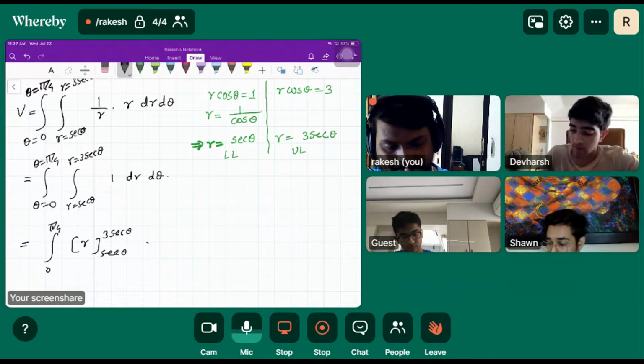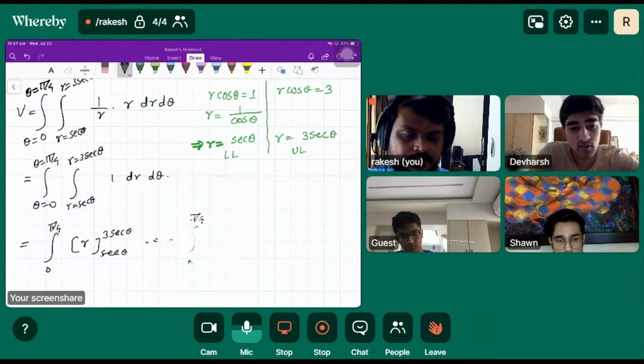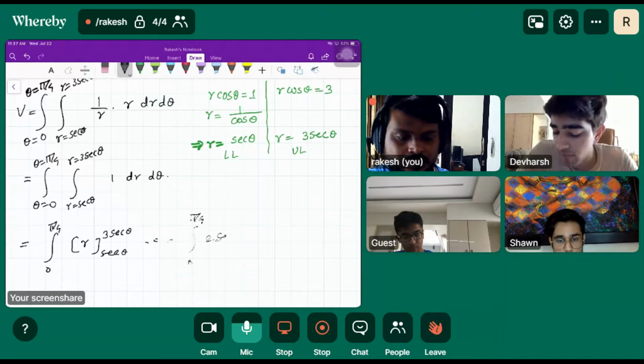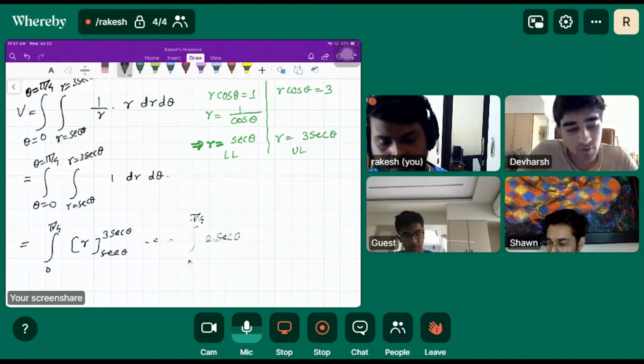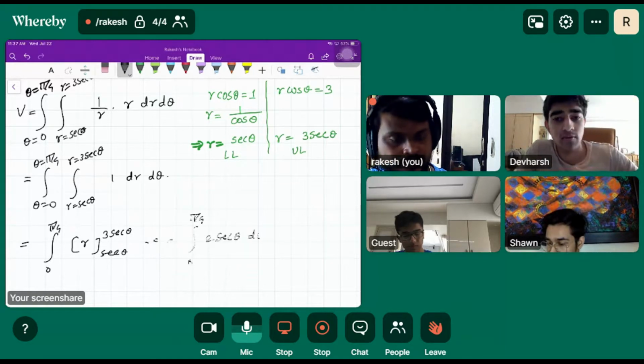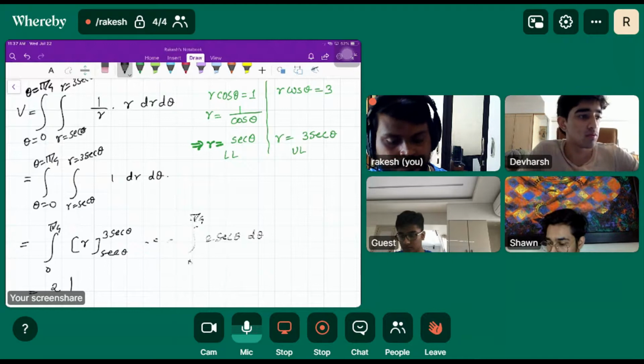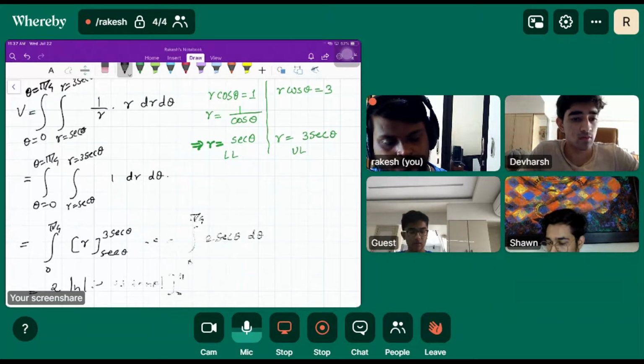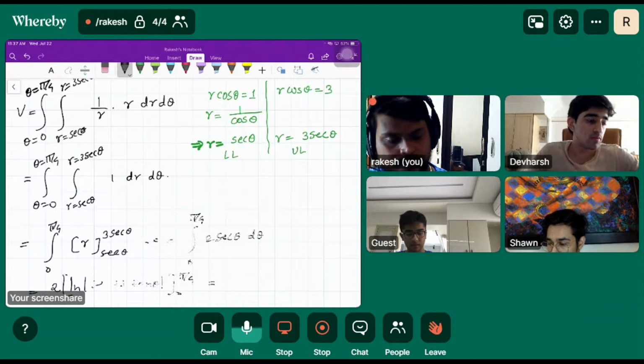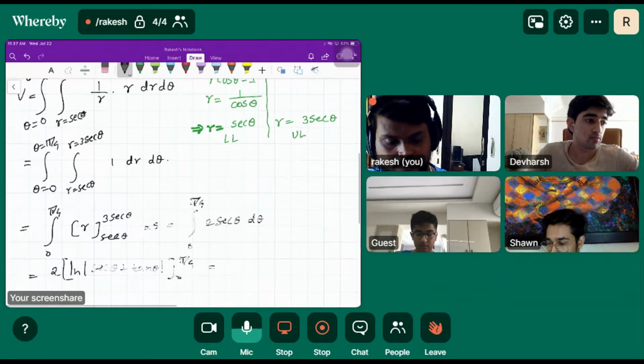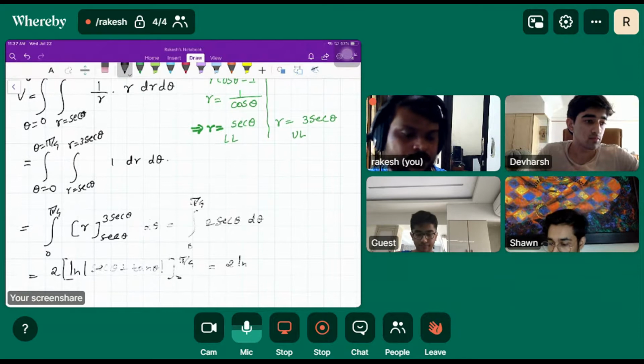So 3 sec theta minus sec theta is 2 sec theta, so 2 ln of sec theta plus tan theta from 0 to pi by 4. When we plug in the values, we will get 2 ln of root 2 plus 1.